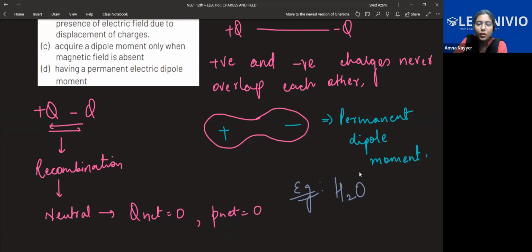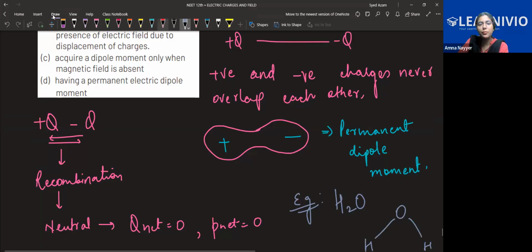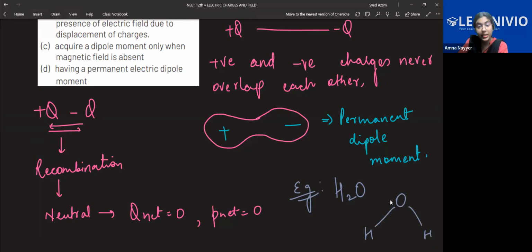Basically, this is related to your chemistry part. So when you have water, the arrangement of water is this, how your chemistry's arrangement looks like. When we talk about the dipole moment in physics, when you have the same question in chemistry, the direction will be opposite. In physics, we have the net dipole moment like this, so here you will have the net dipole moment always present.